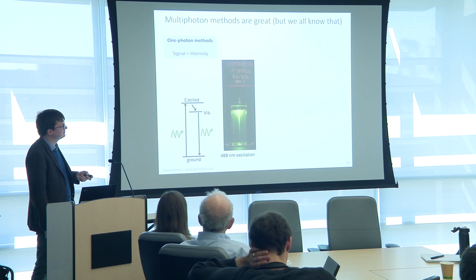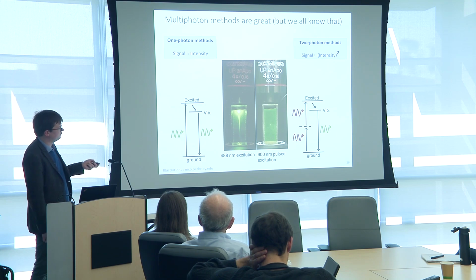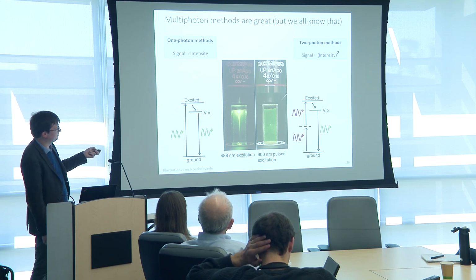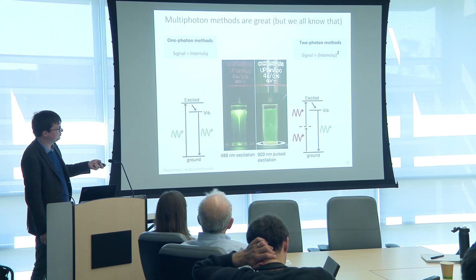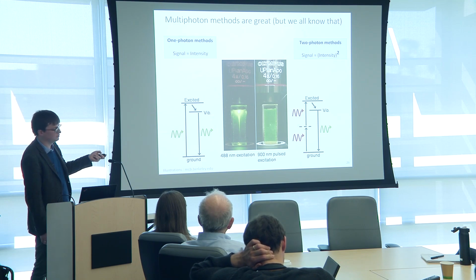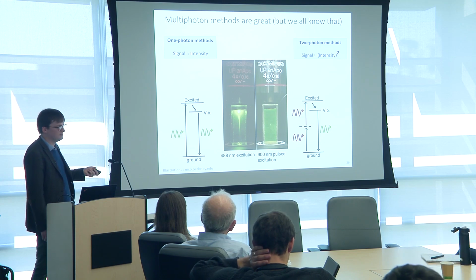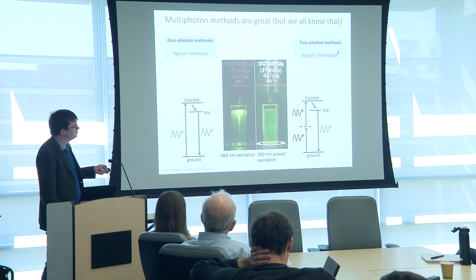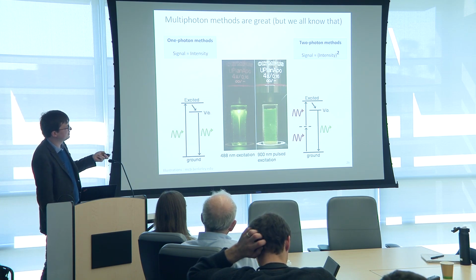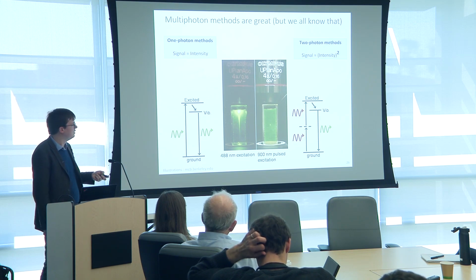2-photon processes, however, shift the wavelength to the infrared domain. So instead of exciting with, let's say, blue light to get green light, you now excite with half the energy, so double the wavelength, infrared light, and you count on a multiphoton process to bring the electrons into the excited state and trigger the same fluorescence.